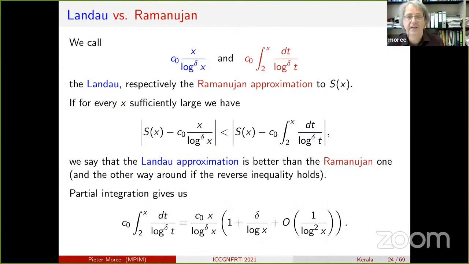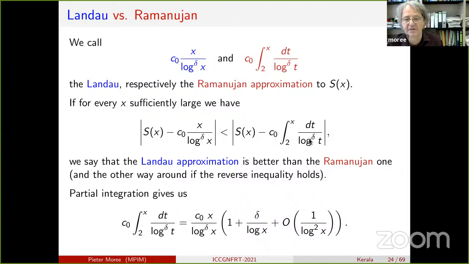So now we can make some competition if you want to. Namely, we can wonder: is the asymptotic of Landau better than the integral approximation that Ramanujan would prefer? So I look at my counting function, and this would be the main term, and this would be the integral approximation.